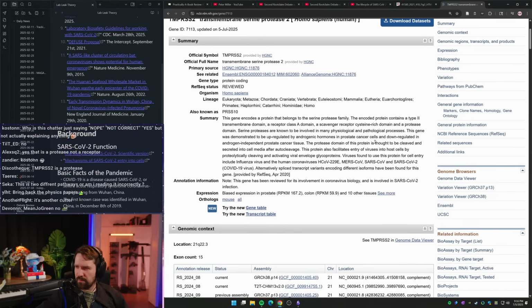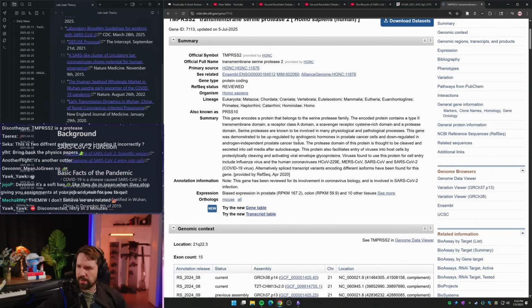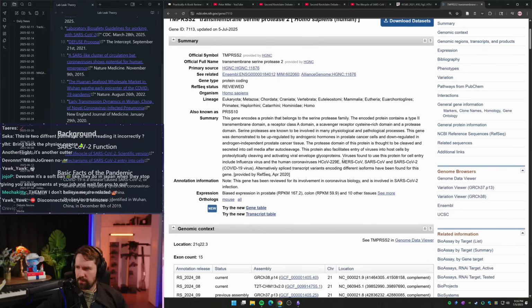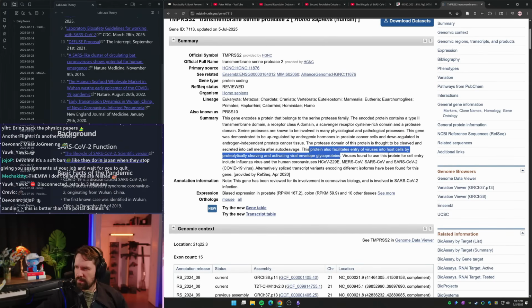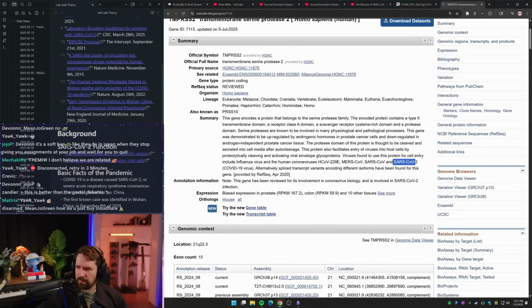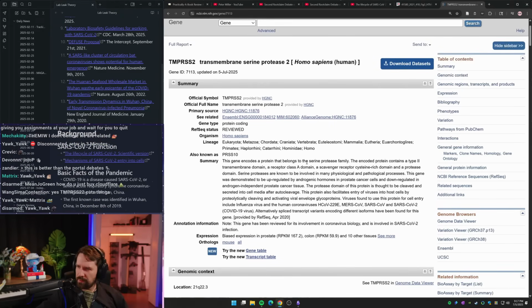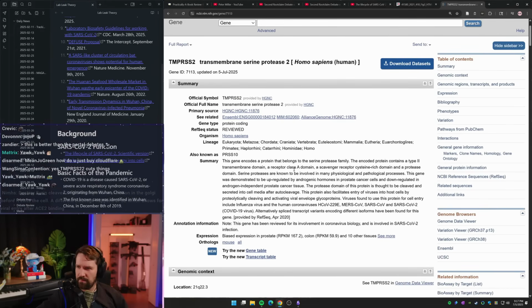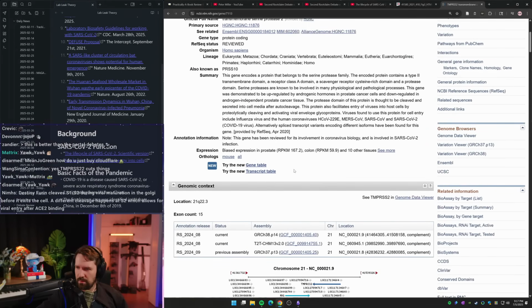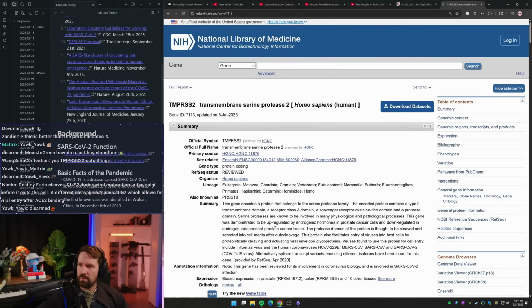This protein also facilitates entry of viruses into host cells by proteolytically cleaving and activating viral envelope glycoproteins. Viruses found to use this protein for cell entry include influenza virus and the human coronaviruses HCoV, and SARS-CoV-2 is here. I thought it could get in via this, or it could get in via ACE2. National Library of Medicine, hold on.